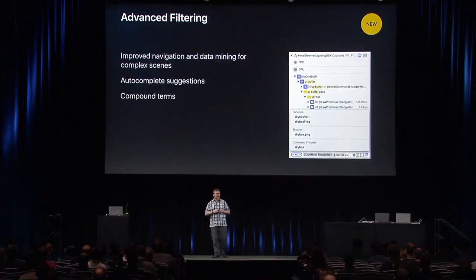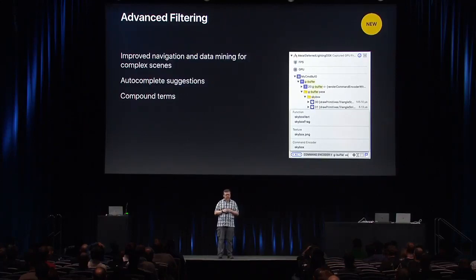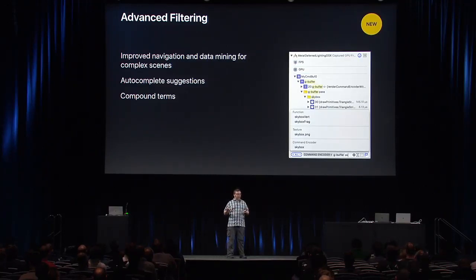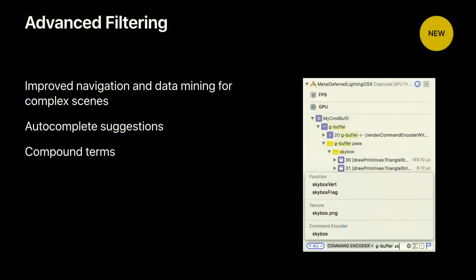So last year, we introduced support for rich filtering throughout the Frame Debugger so that you could filter both on things like resource properties, but also within the Frame Navigator, you can filter based on contextual data. So what resources you're using at a given draw call will let that draw call show up.